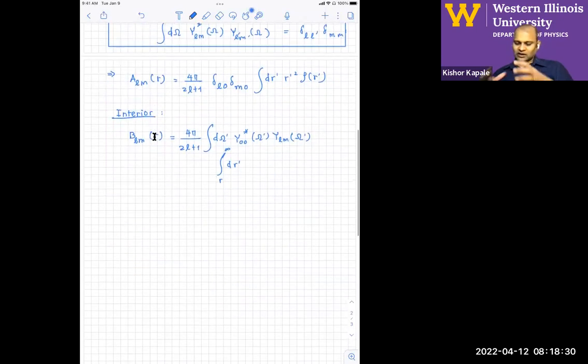And similarly here, now you want to find the multipole expansion of the interior charge distribution. So your charge is outside, you're sitting inside of that charge distribution, and so the integral would be r to infinity. That's why you have the r prime, and then you have rho of r prime, and here in the denominator, you have r prime to the L minus 1.